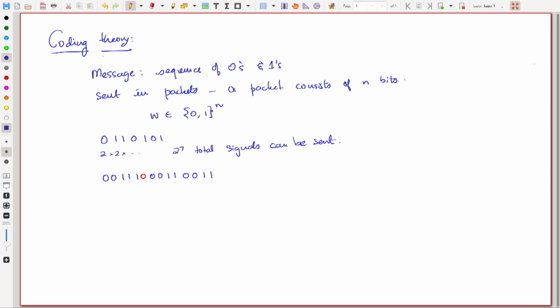So, this is fine, you see, okay, at the first step I got 0 0, then I got 1 1, then you see this and then you know there must be an error, right. But at this point you do not know whether the 1 is wrong or the 0 is wrong, both are equally likely possibilities. So, you cannot correct the error, but you know that there is an error. So, what would you do if you want to correct the error?